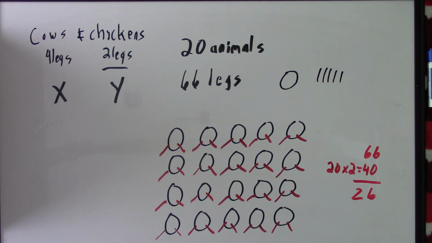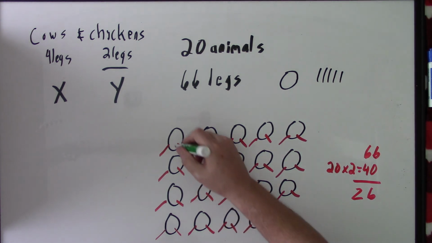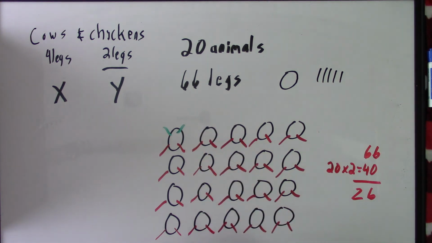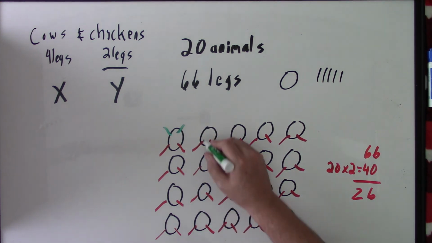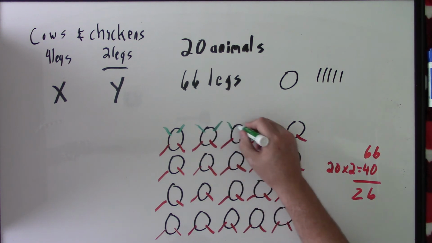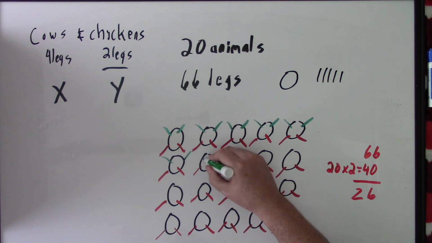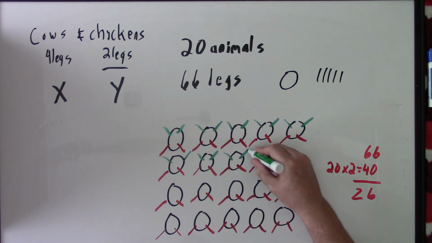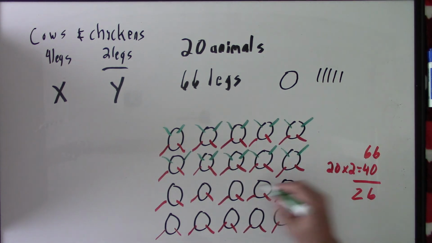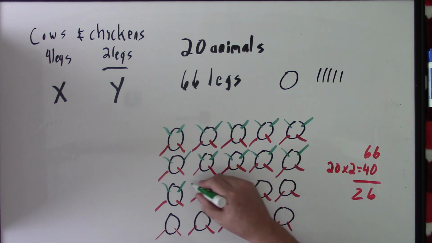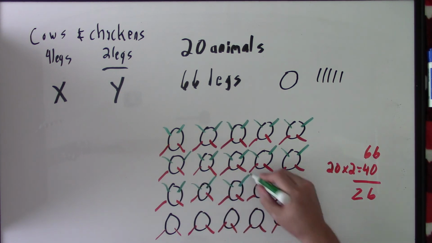So now we're going to start making cows with the rest of our toothpicks. So I have 26 of these, so I'm going to count to 26. 1, 2, 3, 4, 5, 6, 7, 8, 9, 10, 11, 12, 13, 14, 15, 16, 17, 18, 19, 20, 21, 22, 23, 24, 25, 26.